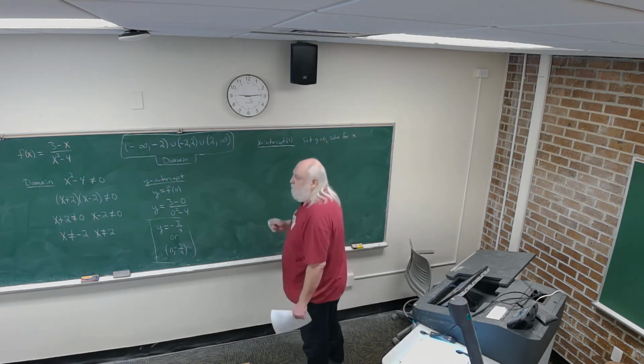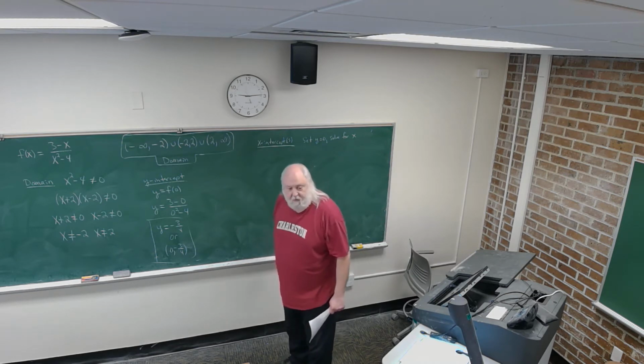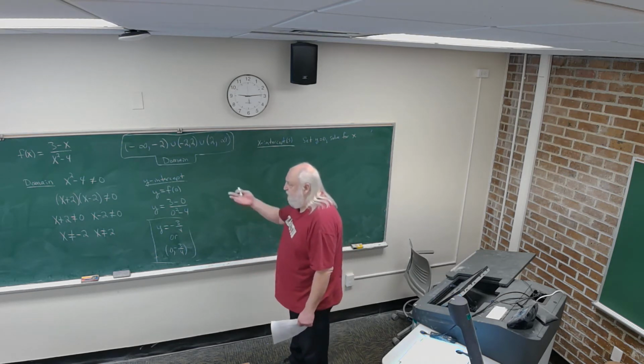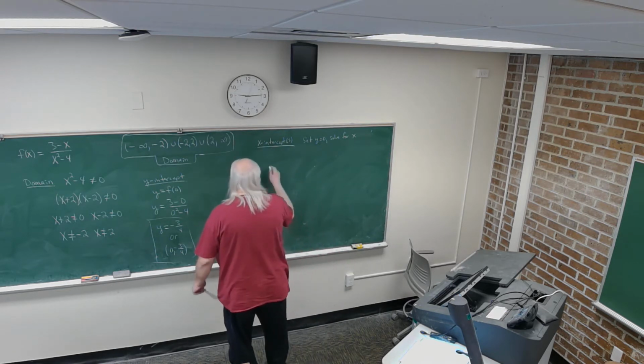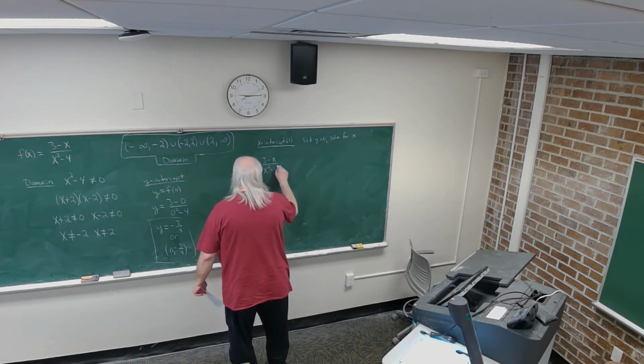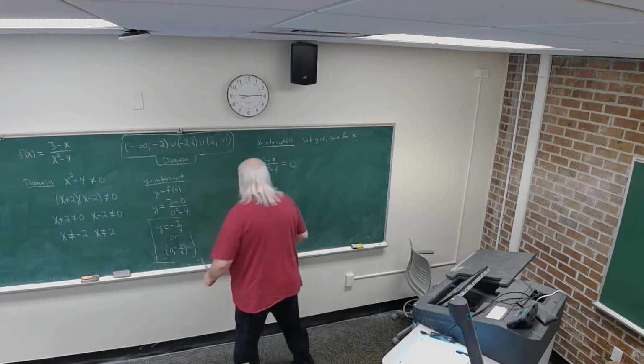Well, y and f of x are the same thing. So actually we just set f of x equal to 0 on the left. And we have the right-hand side, 3 minus x over x squared minus 4, is equal to 0.